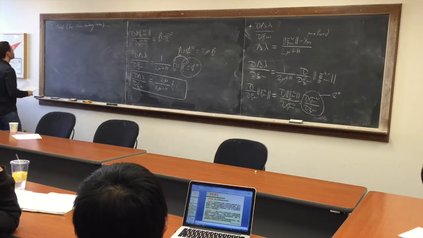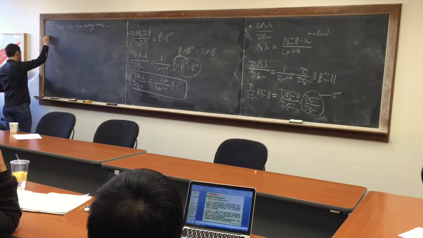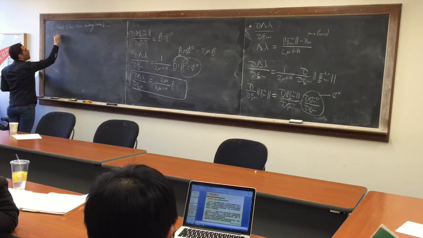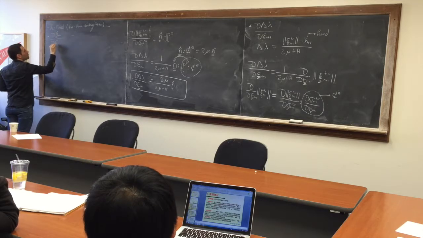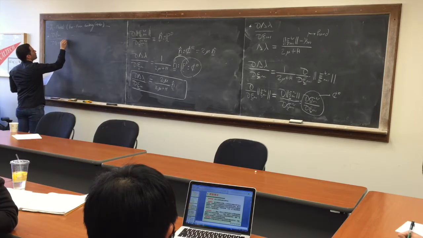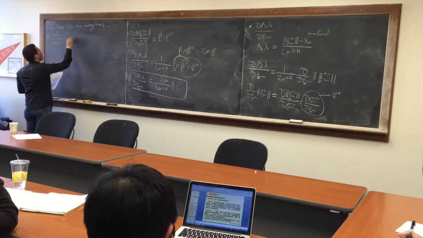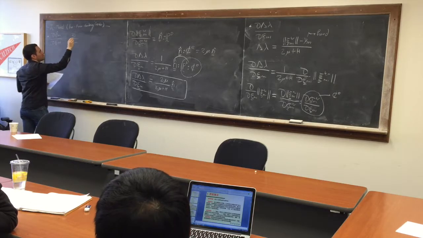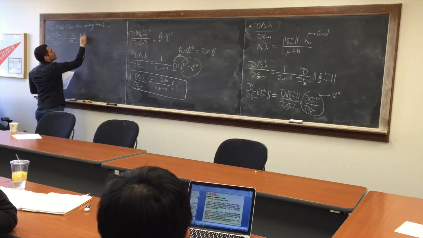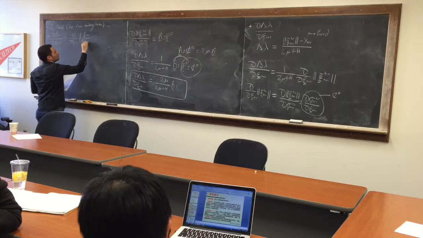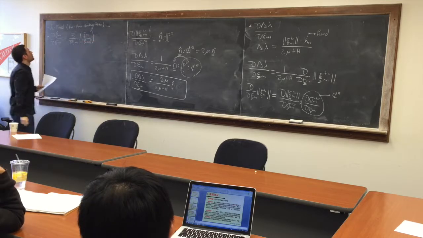Let's do the final one, which is this derivative right here: n hat n plus 1 with respect to epsilon n plus 1. So we can express n hat as this, right?